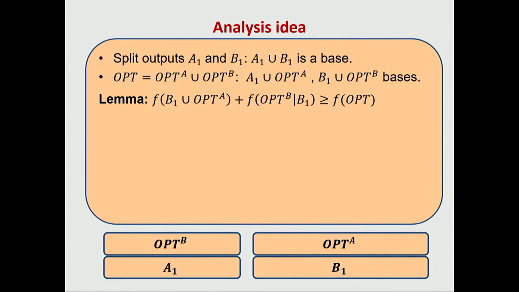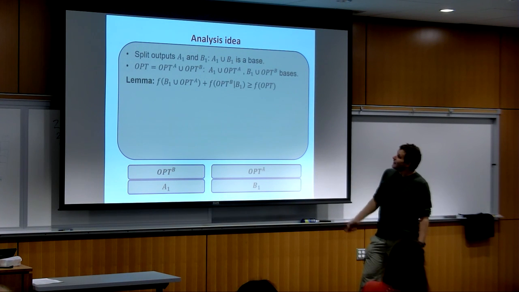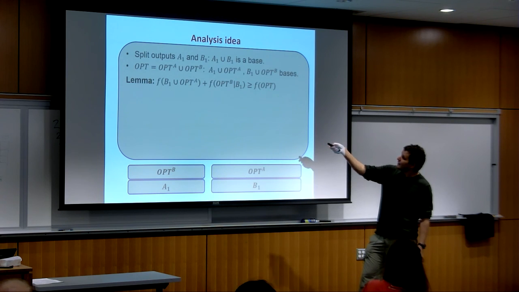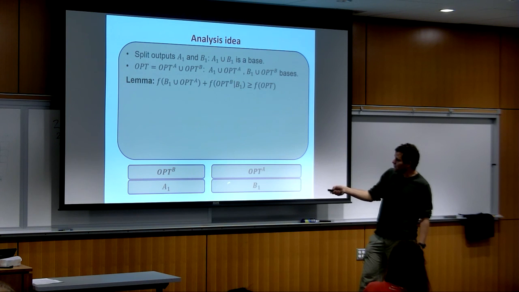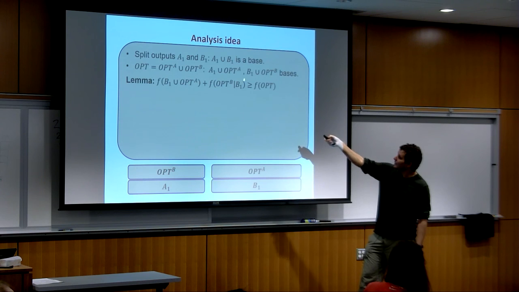You split the items to A1 and B1, and then you can also split opt since this is a matroid. So think about a partition matroid, splitting opt into opt B and opt A. So A1 can use opt A to complement its value, and B1 can use opt B to complement its value. And then based on submodularity, we can prove that either opt B has a lot of marginal value with respect to B1, or this term, together they are more than opt.